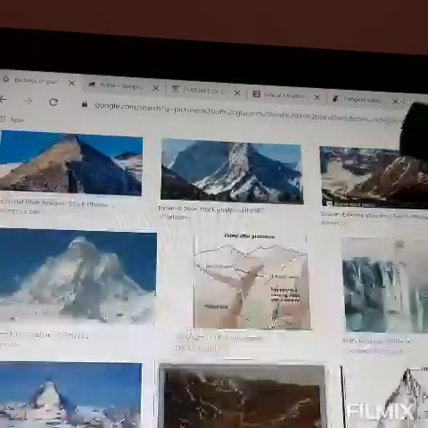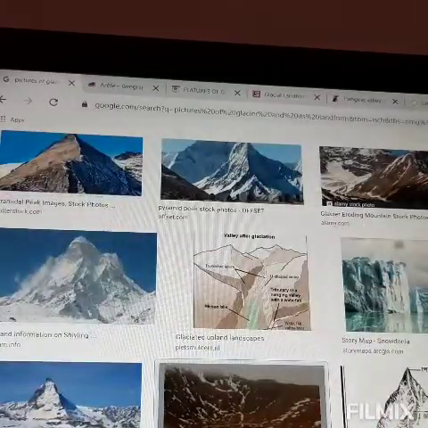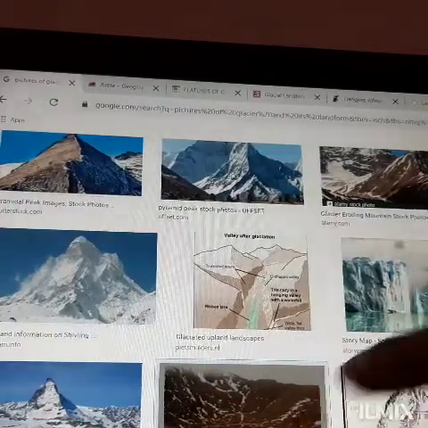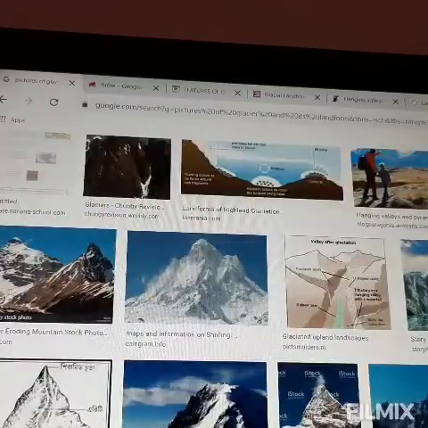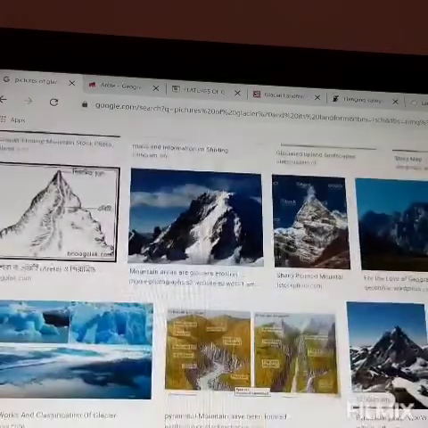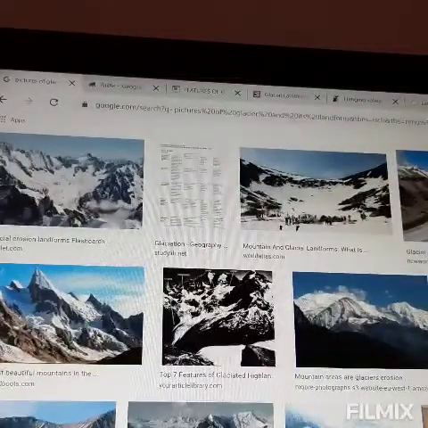You find different formations here, and how they flow down. So the glaciers flowing down.